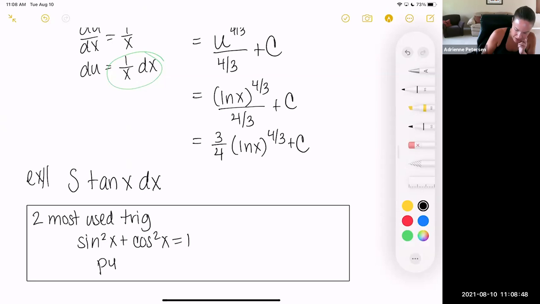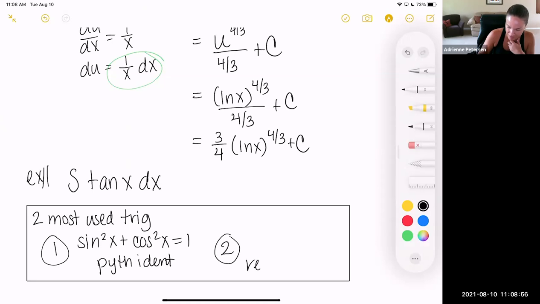That's called the Pythagorean identity. The second one is called the quotient identity. I was going to write reciprocal. That's not right. Quotient identity. These are the two most used, I think.